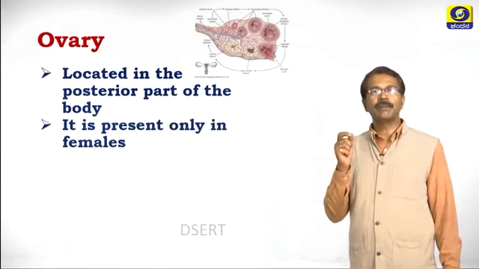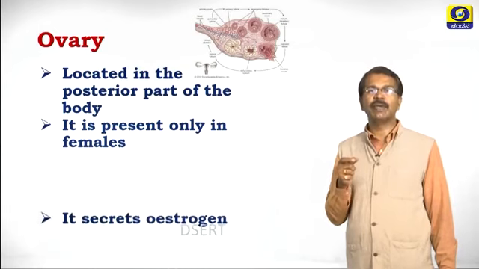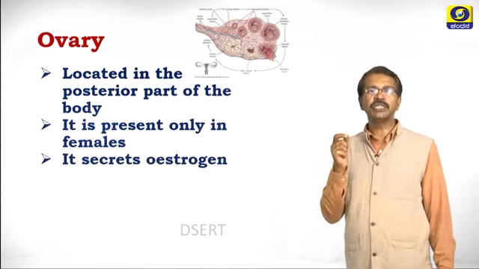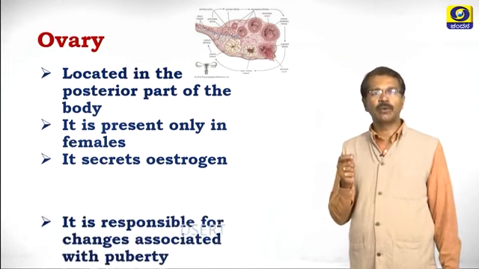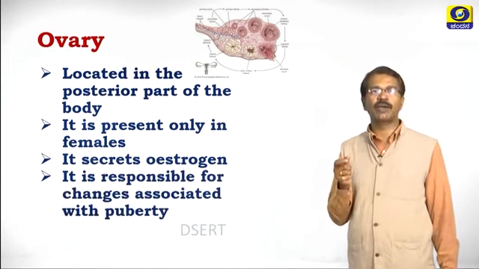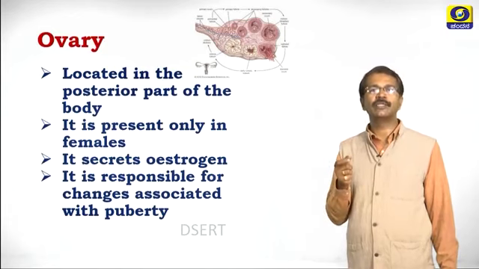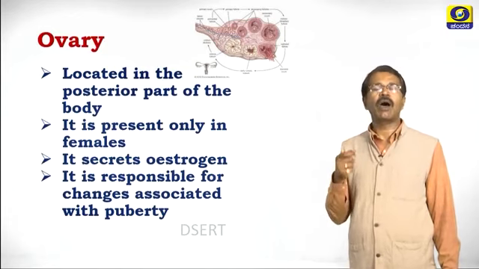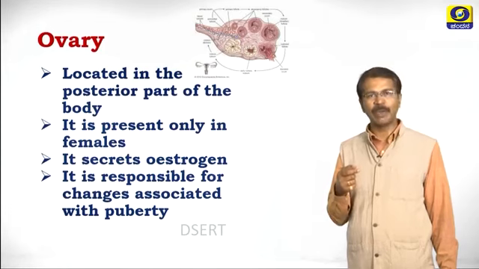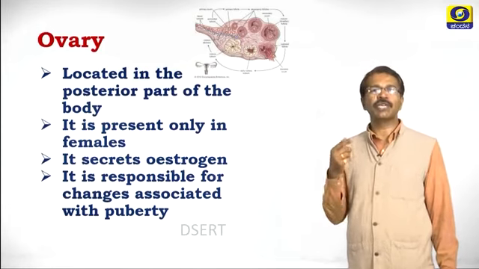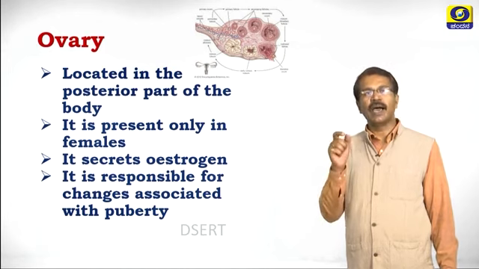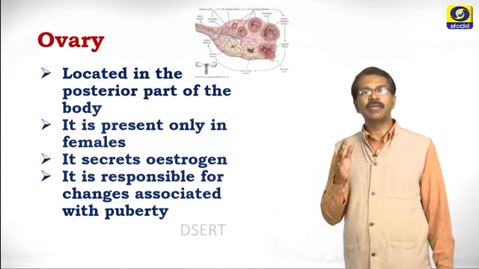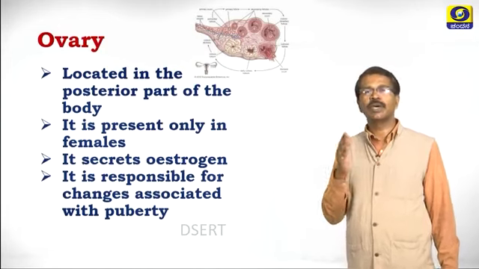It is present only in females and it secretes estrogen hormone. This estrogen hormone is also responsible for puberty changes and also feminine characters in females. Of course, this hormone is released when a child attains puberty. It is also the same from 12 to 19 years.